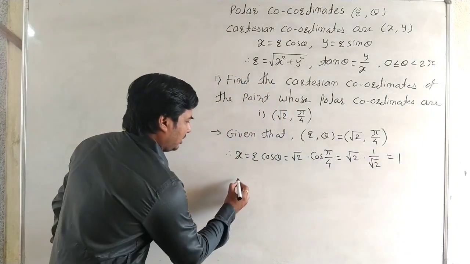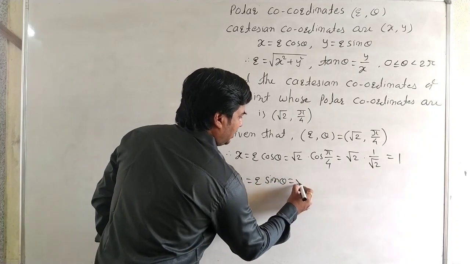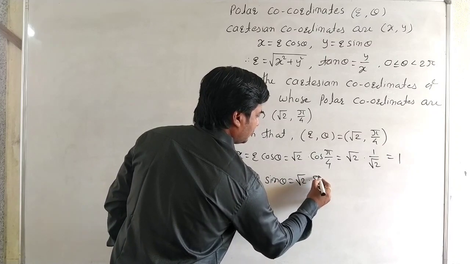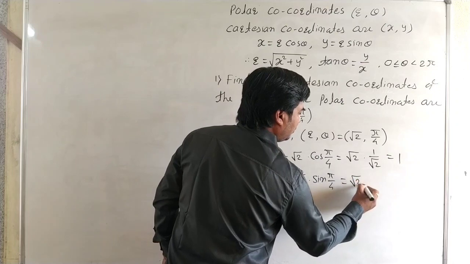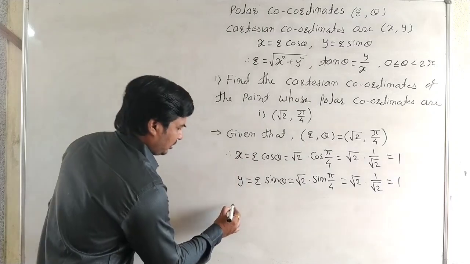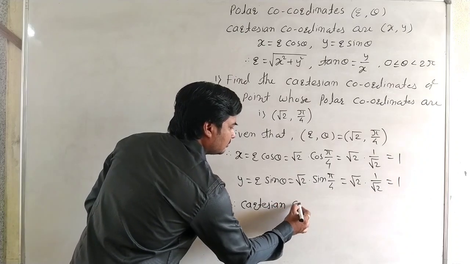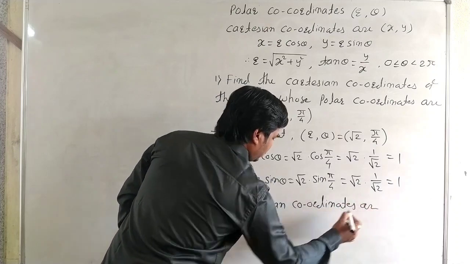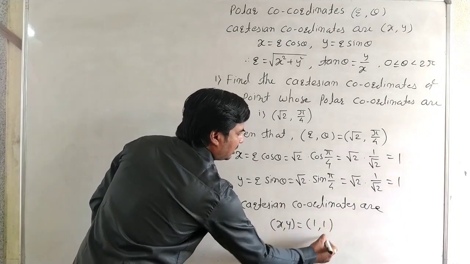That means x is equal to 1, and y is equal to r sin theta, under root 2 into sin pi by 4, and sin pi by 4 is 1 by under root 2. Therefore under root 2 into 1 by under root 2 is equal to 1. Then x is equal to 1, y is equal to 1. Therefore the Cartesian coordinates x comma y are 1 comma 1.